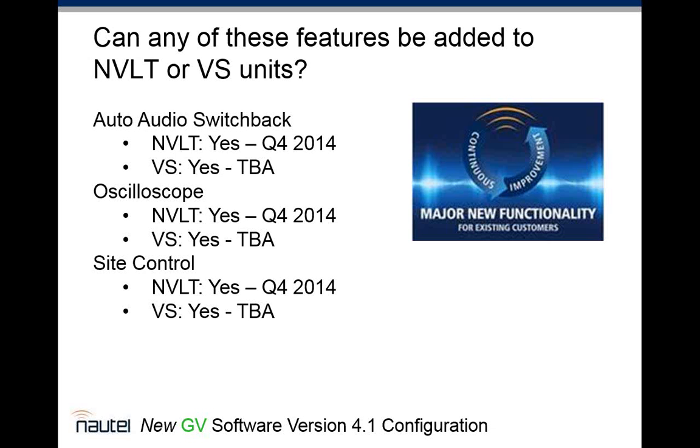However, our customers who have NV Lites, and there's tens of thousands of them now around the world, sometime in this quarter 4, 2014, before the end of the year, we hope to have a software release out that gives you that audio switchback function, the oscilloscope function, and simple site remote control.